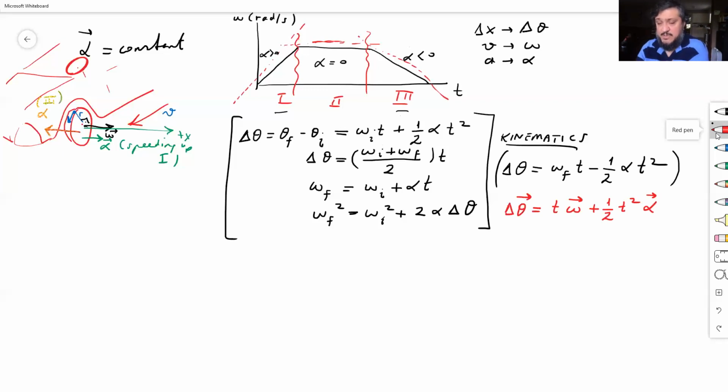Now, what makes this different from circular motion is that now we have not just a point on the rim of the tire, but we have the whole wheel.